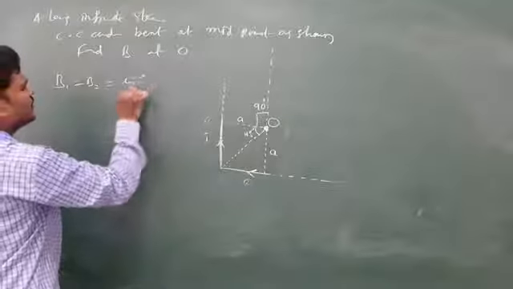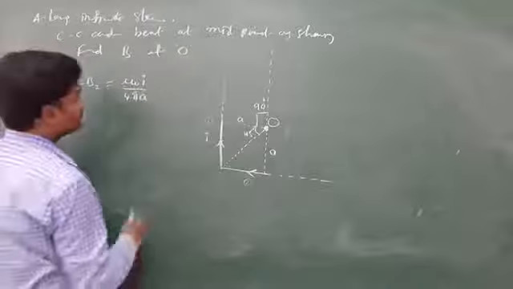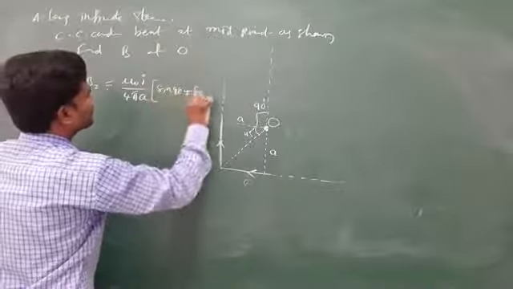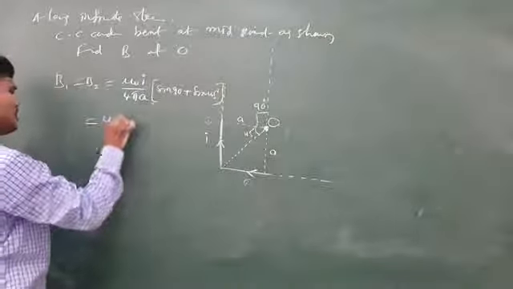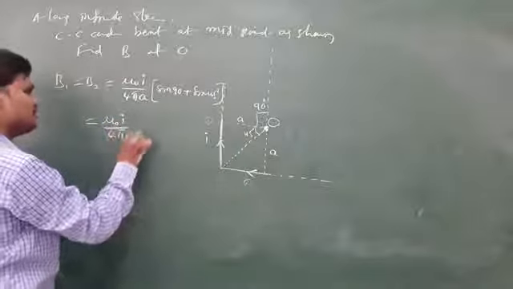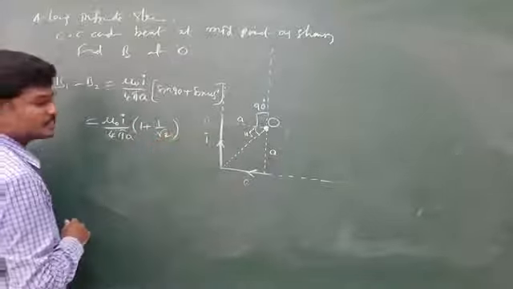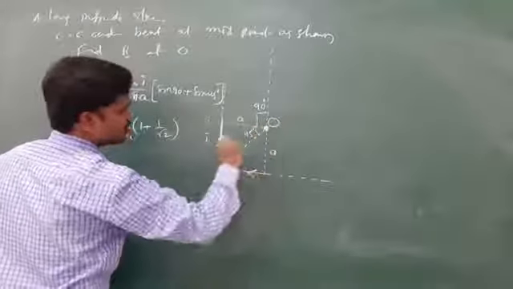Mu naught I by 4 pi d, where d is A. Sin 90 plus sin 45. So mu naught I by 4 pi A, sin 90 plus sin 45, which is 1 plus 1 by root 2. Due to this, and due to this also, the direction is into the board.